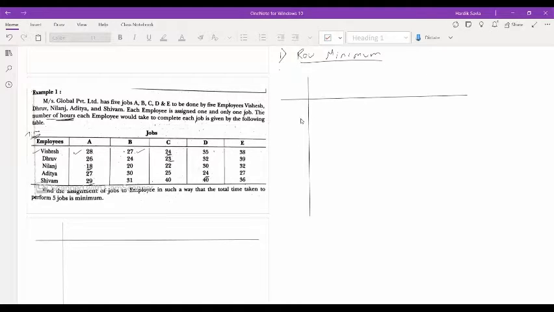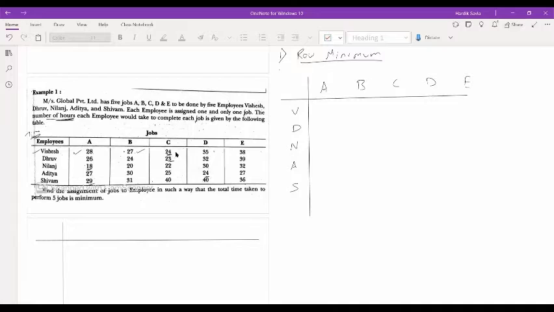Okay, what do we do in row minimum? 5 employees, 5 jobs. Row minimum, what do we do? We go row wise.